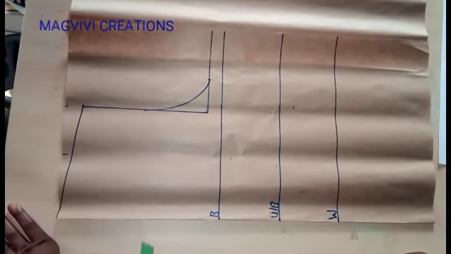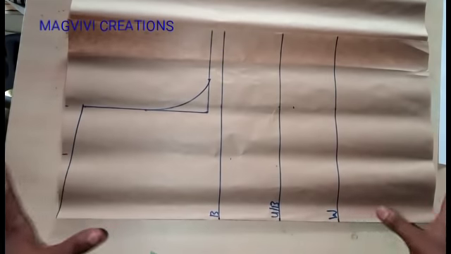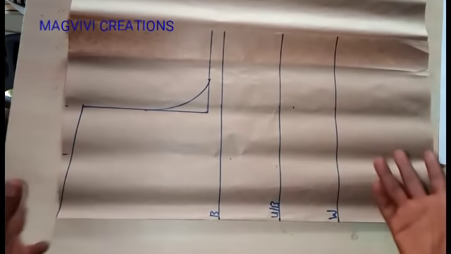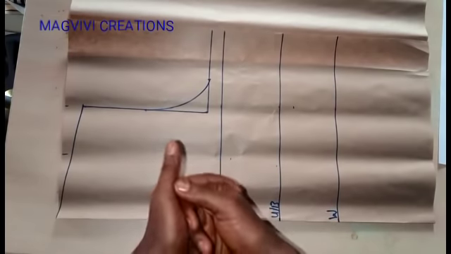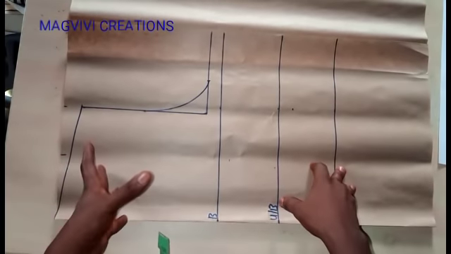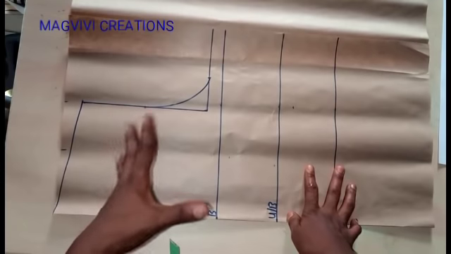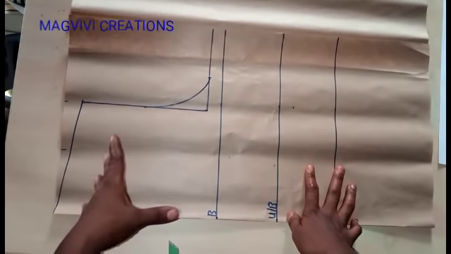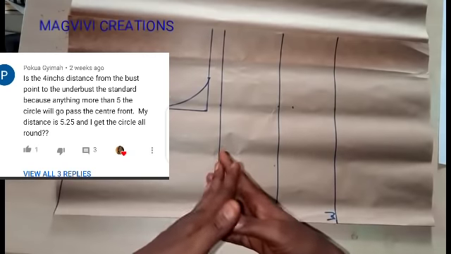I am Vivian, and today I want to show you a different method of drafting corset pattern, and I'll be showing you the three types of cup that we have for corset. There are different methods of drafting corset. I have shown some methods on this channel already, but I have questions from some of you, my subscribers, and this is one of the questions.